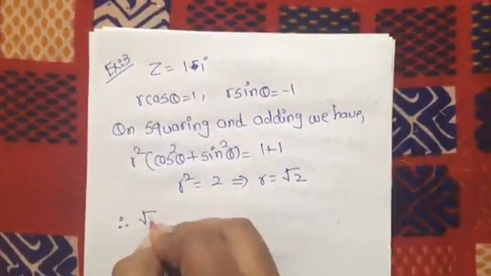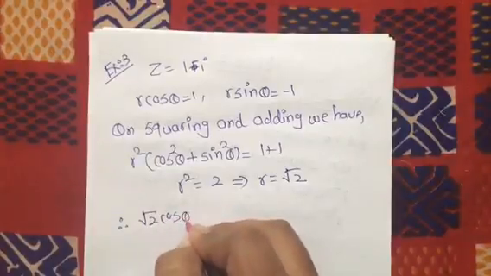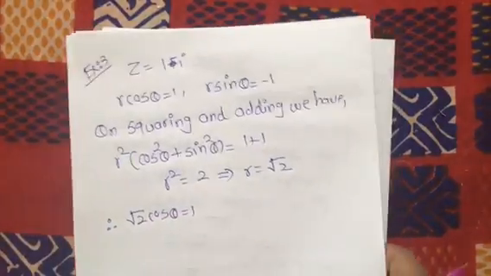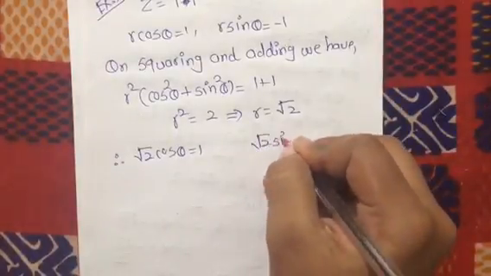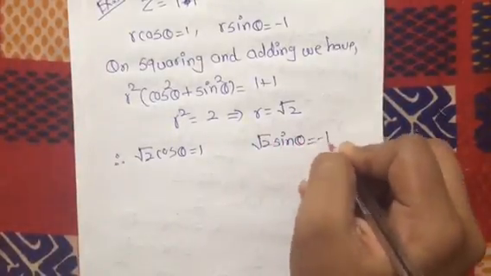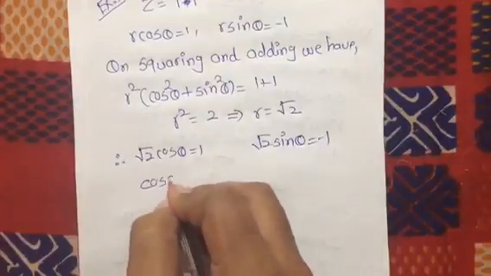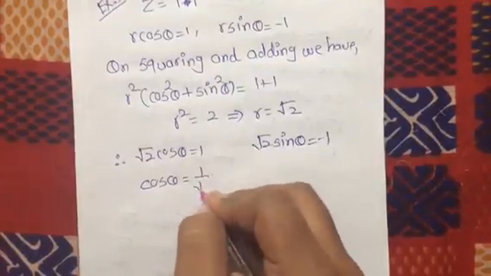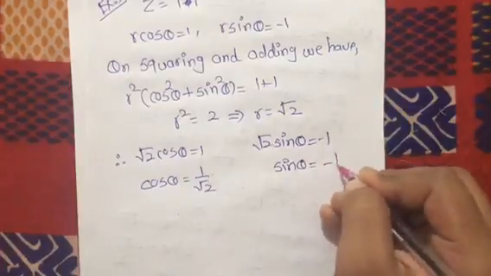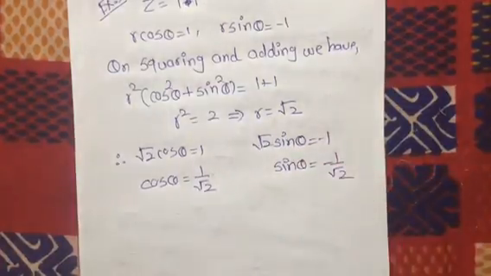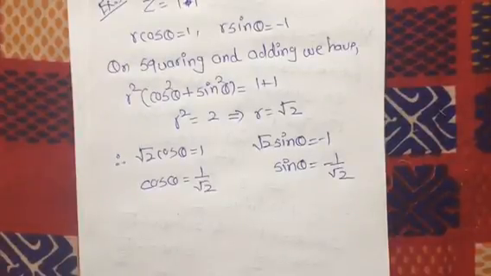Therefore, root 2 cos theta is equal to 1 and root 2 sin theta is equal to minus 1. Cos theta is equal to 1 upon root 2. Sin theta is equal to minus 1 upon root 2. So theta lies in the fourth quadrant.